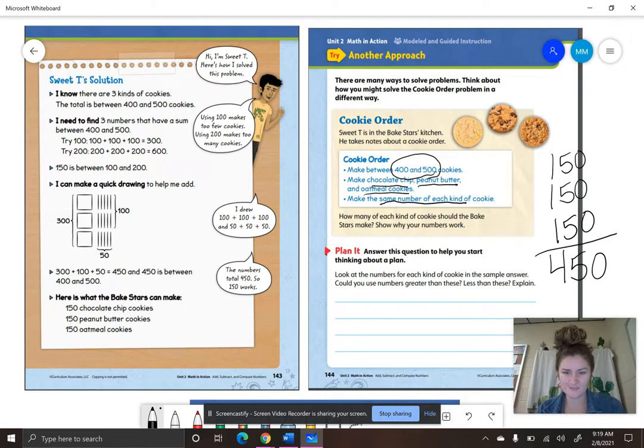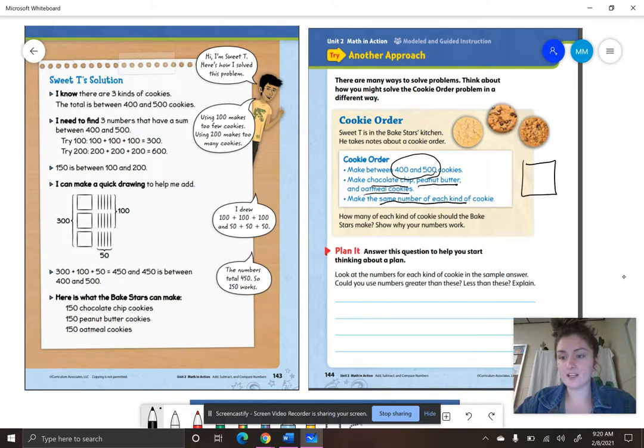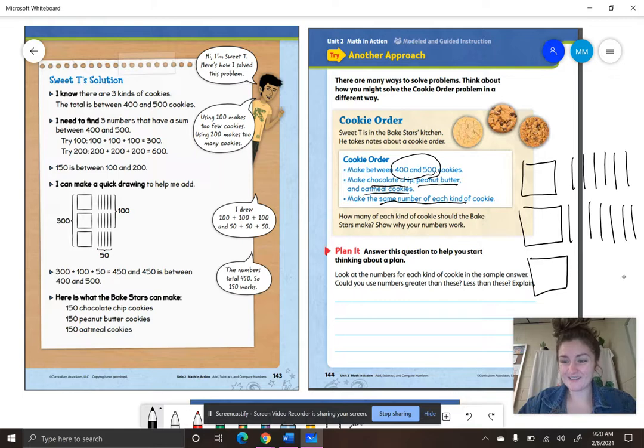What do you think? So looking at these numbers, if I added some ones, let's try 160. If I tried 160, I'd have 100 and 6 tens, 100 and 6 tens, 100 and 6 tens. So we would have 300.